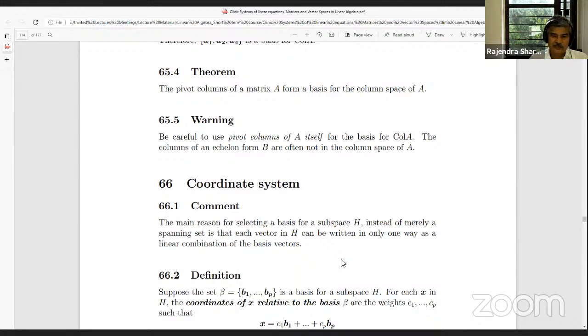And these vectors must span linearly over F the whole vector space. That means every vector in V can be written as a linear combination alpha 1 V1 plus alpha 2 V2 plus ... plus alpha n Vn. And we call such a set a basis for the vector space V over F.